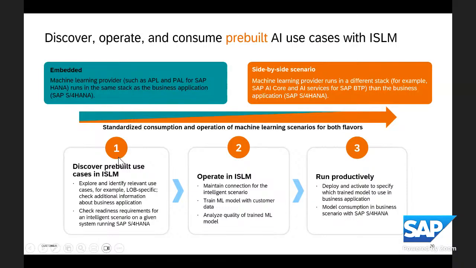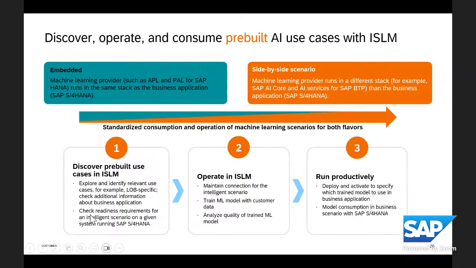This is where ISLM helps you find a scenario which is of relevance for your organization. You could look up LOB specific scenarios and so on. You can check a lot of information, for example, the Fiori app ID associated with it, the scope item, and so on within ISLM.